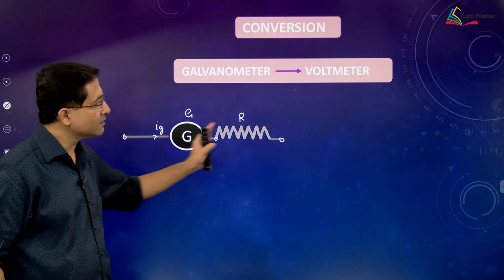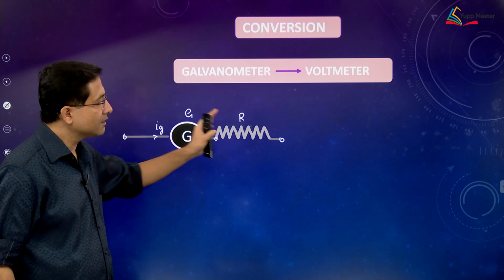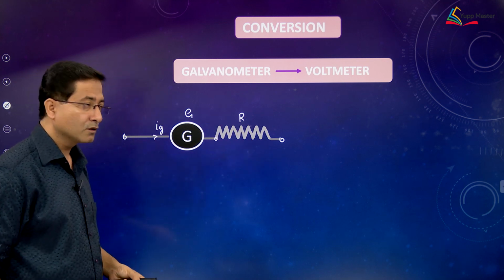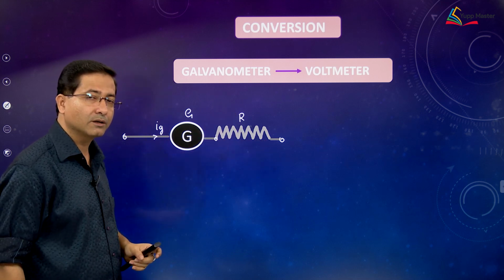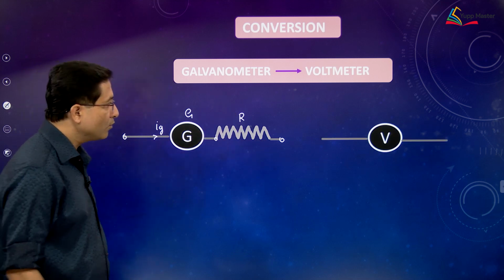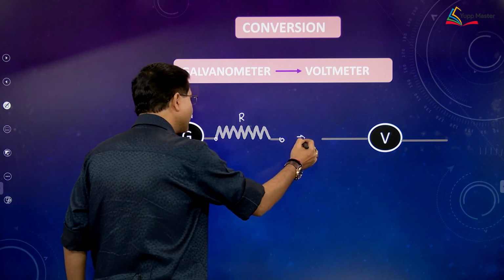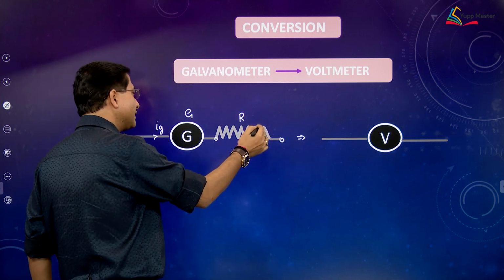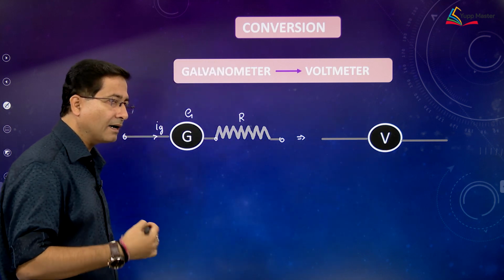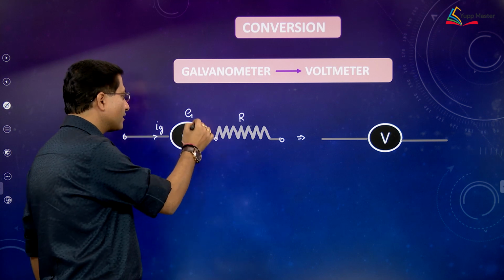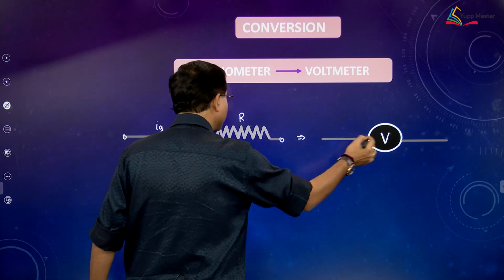So with the help of this combination, I can measure a higher potential difference. The larger the value of R, the larger the potential difference across these two terminals. So now after connecting the resistor R, I have converted this galvanometer into a voltmeter of higher range.